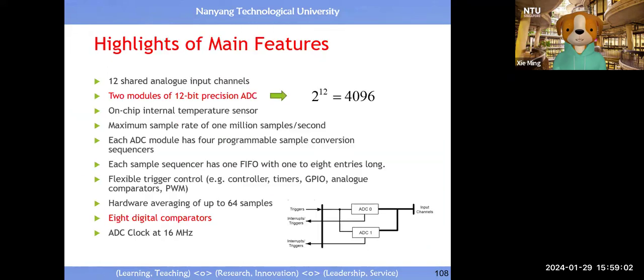Okay, and you remember, in section 3, I already told you that our students will spend one semester to study the use of ARM Cortex M4. And our students also suffer a little bit with it. The reason I already mentioned to you: the cost of ARM Cortex M4 is extremely cheap, but the performance is extremely high.